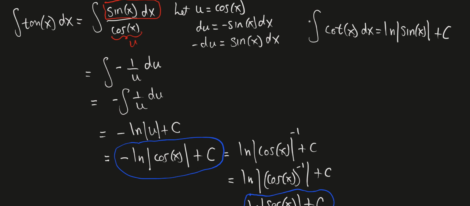And this is a nice result. It works very similarly to how we would derive the antiderivative of tangent. The difference is cotangent is cosine divided by sine, so your fraction gets flipped, which means you end up using u equals sine of x, and you don't even have the negative sign to worry about anymore. This is something you should try and derive in your own time, so that you can see the process and how it works.